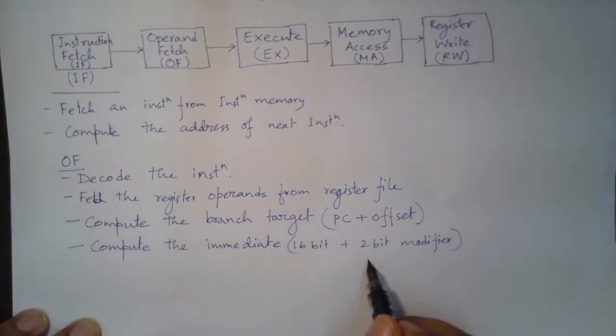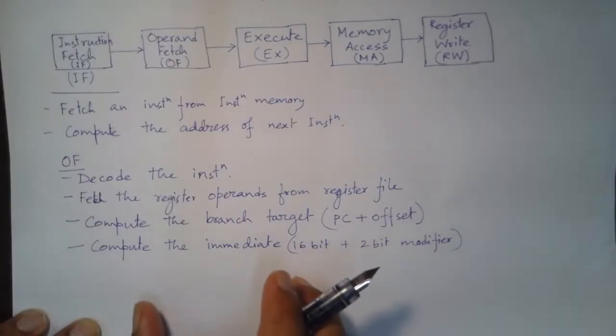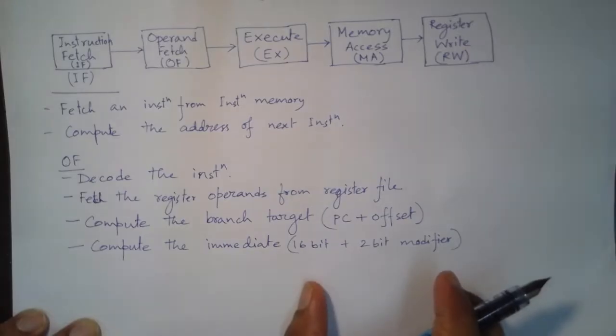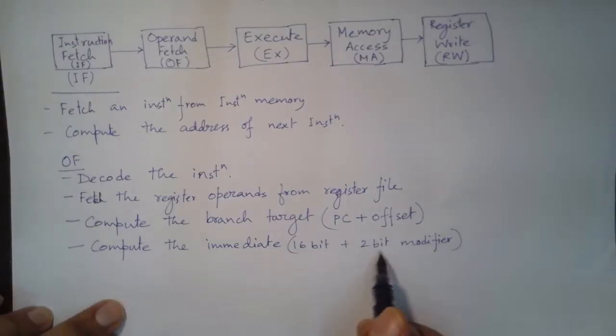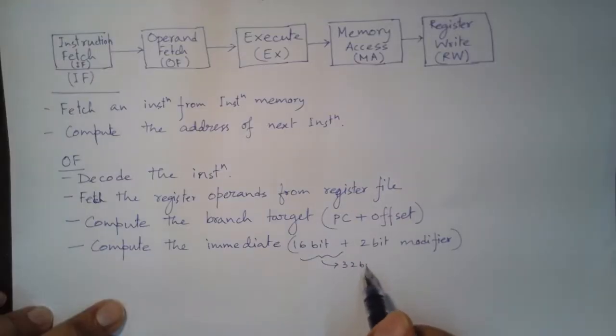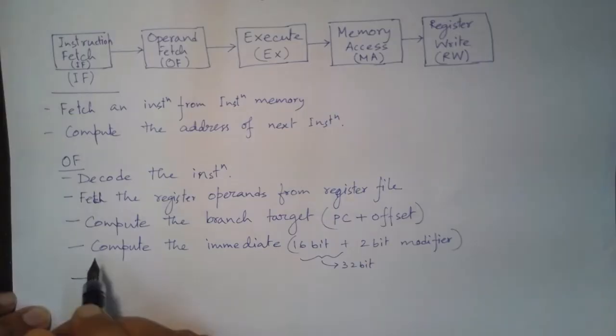If it is an H modifier, then this 16 bit will be placed in the higher 2 bytes, and the lower 2 bytes will be replaced with 0. All right. So, I hope all of you remember. The conversion of this 16 bit to 32 bit is done in this OF stage. And of course, you need to generate different control signals, which we will be discussing later.